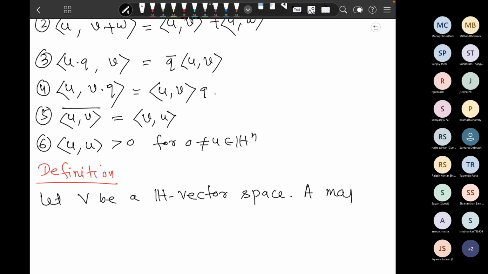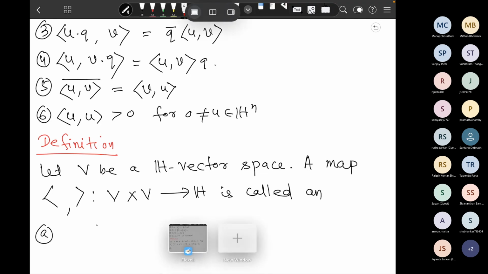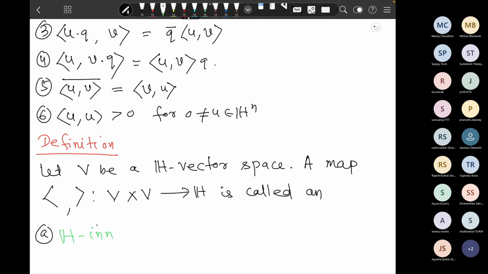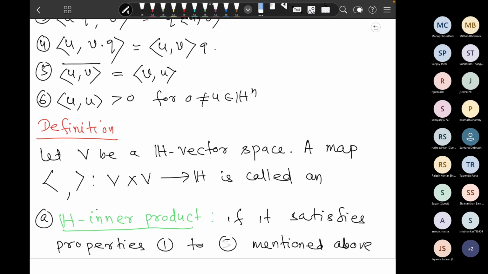A map from V cross V to H is called an H inner product, a quaternionic inner product, if it satisfies properties 1 to 6 mentioned above.